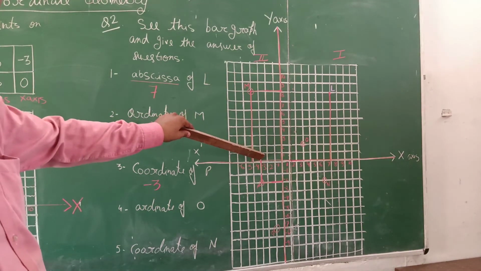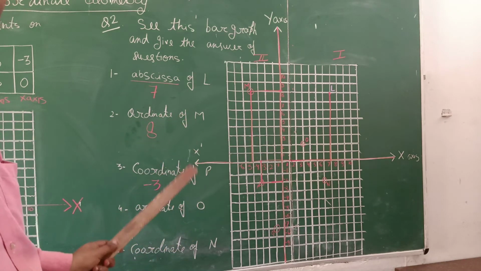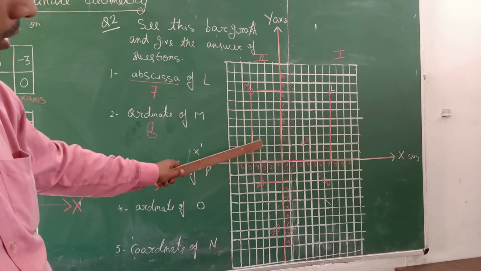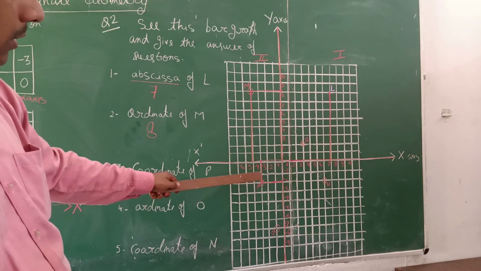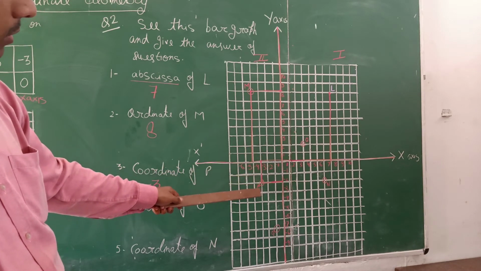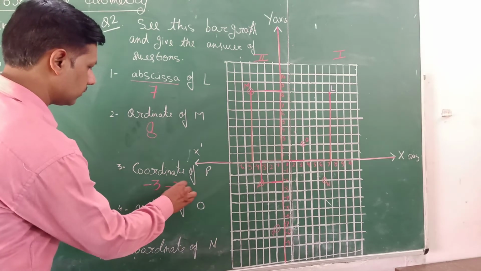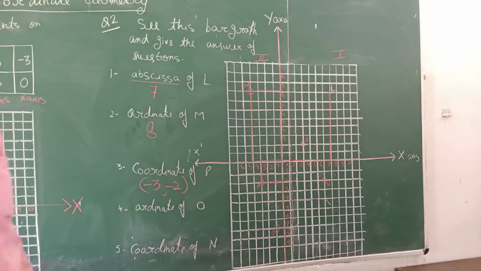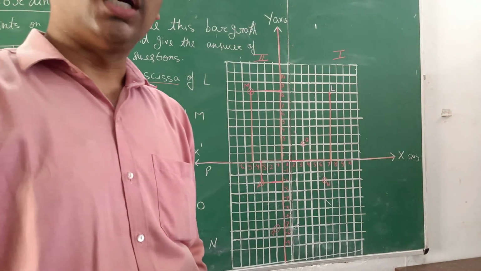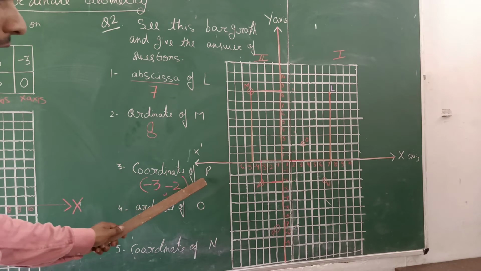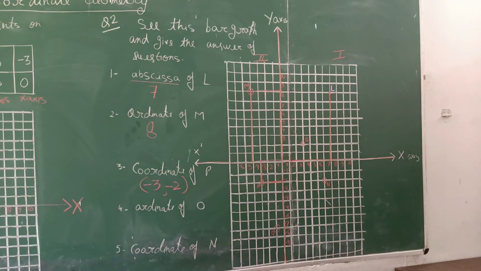Always we write the value of x first, and then the distance on the downside, that is -1, -2. Okay. So -3, -2. This is the coordinate of point P.